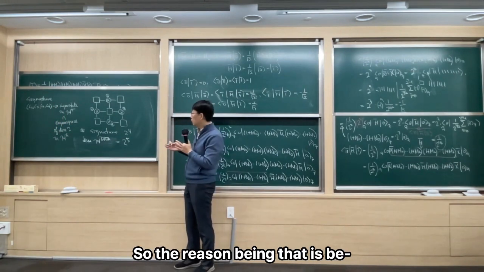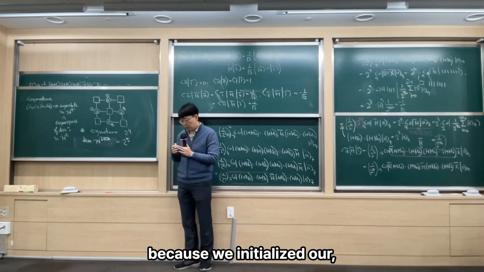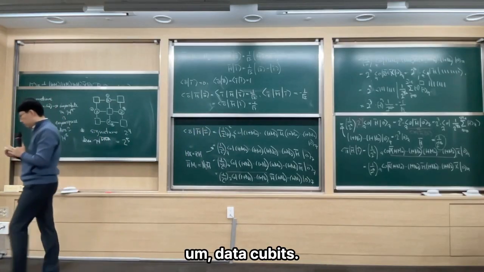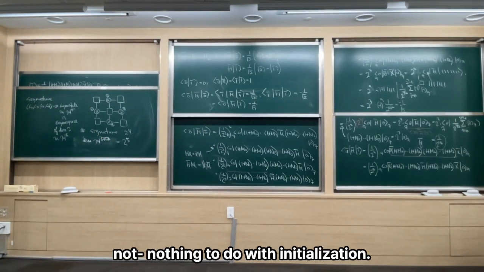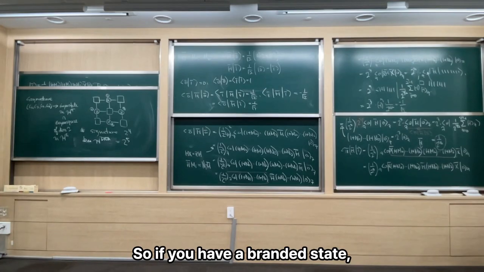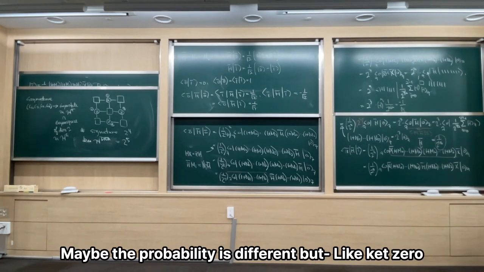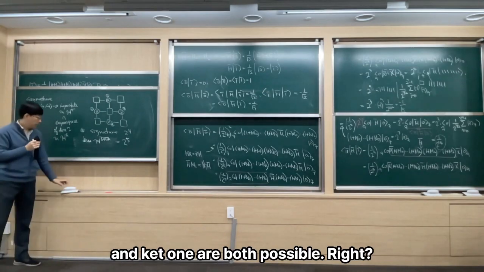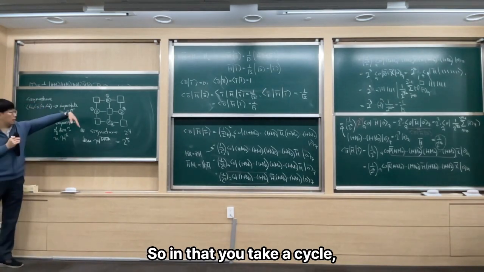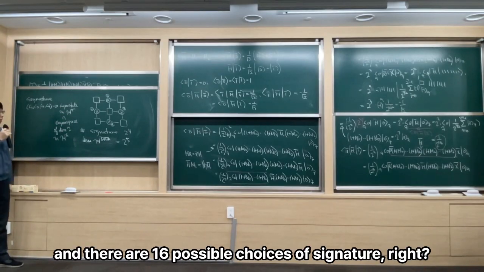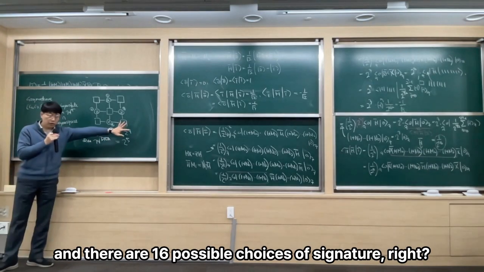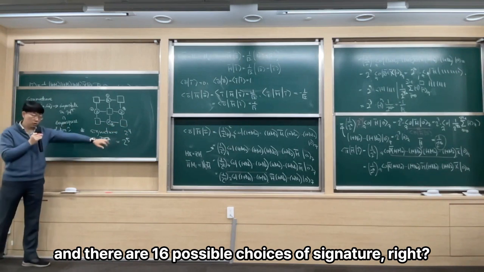Right? The reason for that is not because we initialized our data qubits. Even if it has nothing to do with initialization, if you have a random state, everything is possible. Maybe the probability is different, but cat 0 and cat 1 are both possible. So you run one cycle and then take a measurement, and there are 16 possible choices of signature.